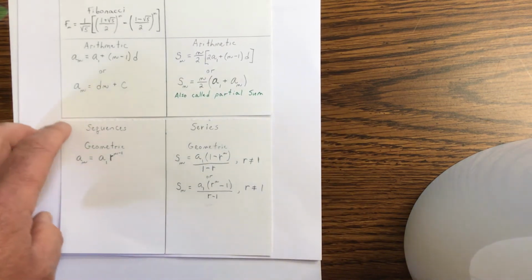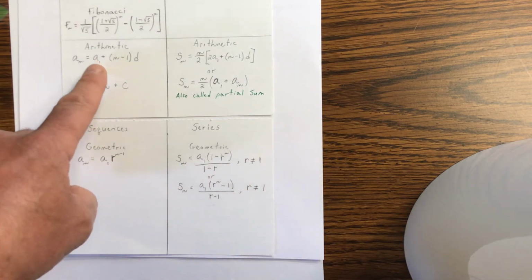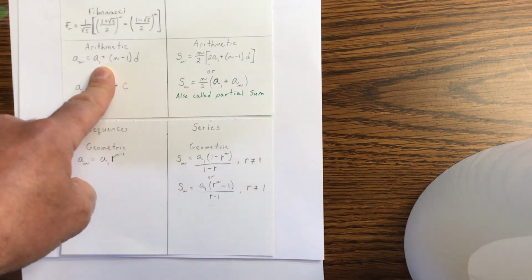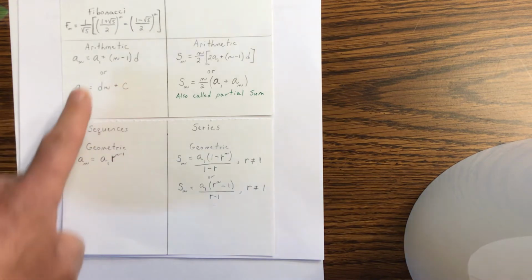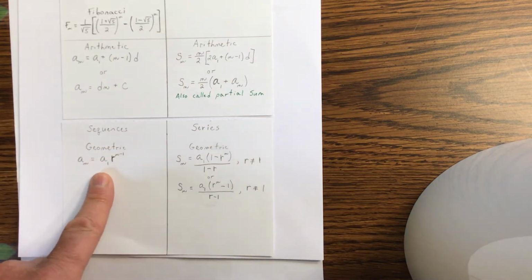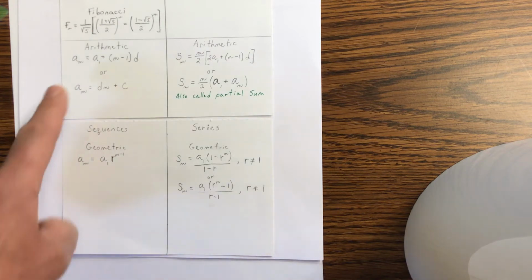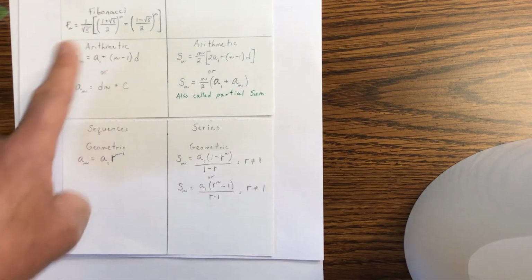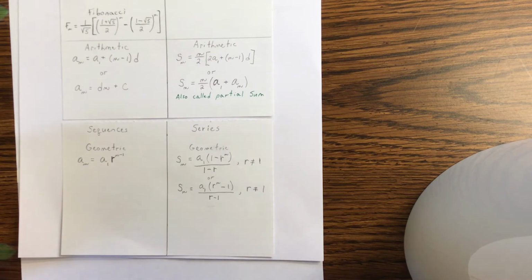Yesterday we talked about an arithmetic sequence, and we also talked about a geometric sequence. Now, if we have a sequence, whether it's arithmetic or geometric, we can find its series.